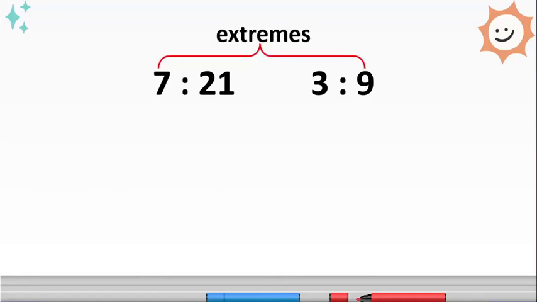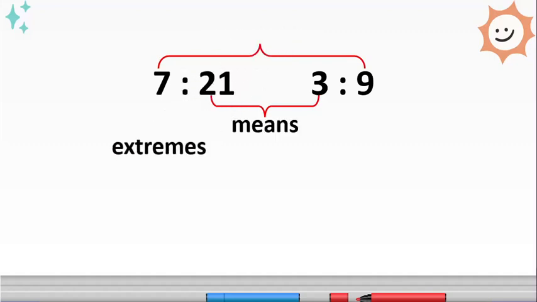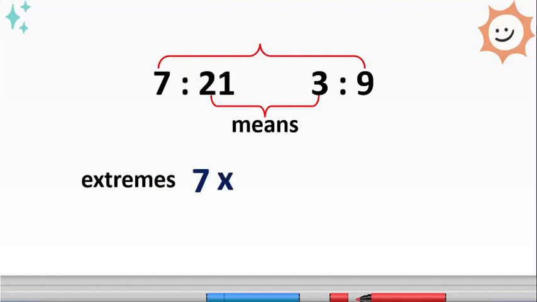Let's have this one using colon form. 7 to 21 as 3 to 9. Are these two ratios proportion? Let's find out. Multiply the extremes and multiply the means. Extremes, 7 times 9 equals 63.